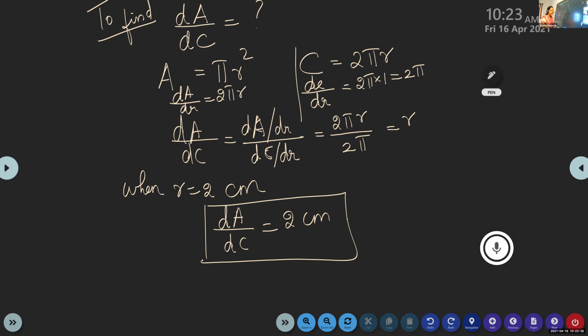So the rate of change of area with respect to circumference is 2 centimeter. Is it okay? Is it clear, children?